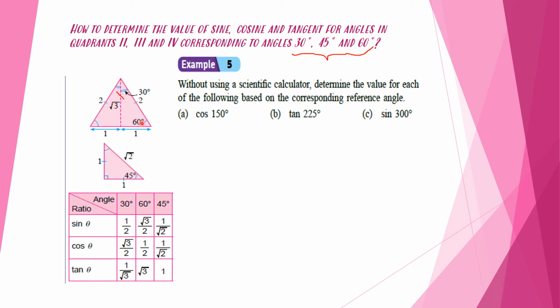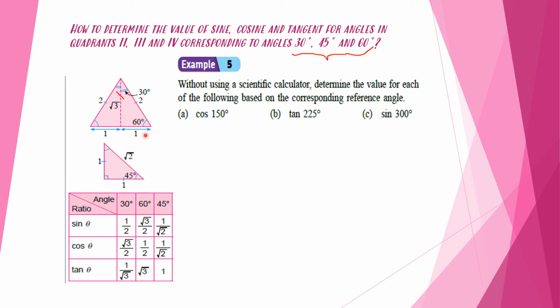Cos theta, adjacent over hypotenuse, 1 over 2. You'll notice that sine 30 is equal to cos 60. Tangent theta, tangent 60 equal to root 3 because tangent 60 is equal to opposite over adjacent.